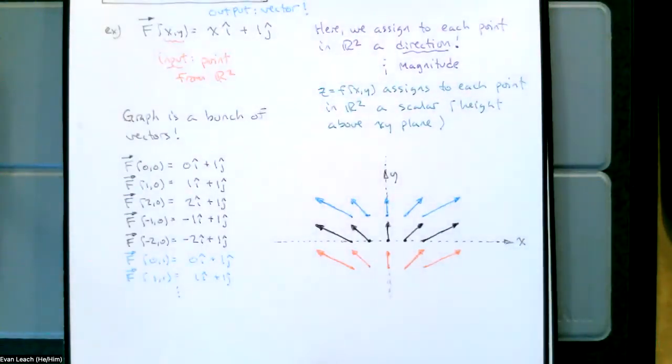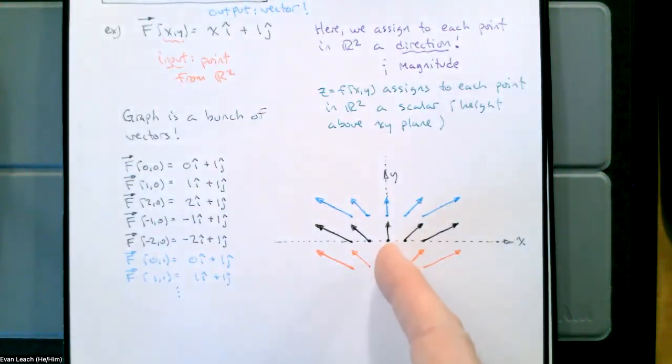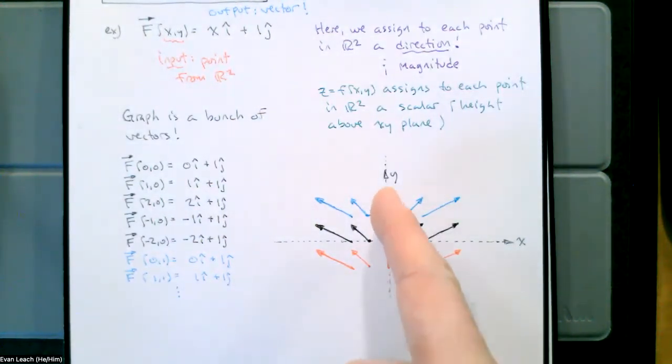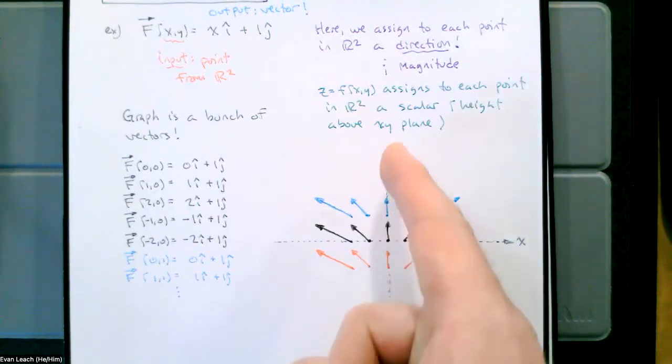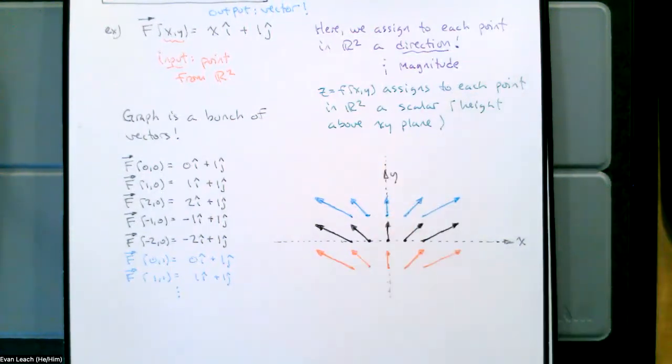But if this is what the water is doing, if I took a leaf and dropped it on the origin, 0, 0, it would start going in this vertical direction. And it looks like since the x value is 0, it's never going to move from side to side. The side-to-side motion, xi, that's always going to be 0 if I take the leaf and put it in the water on the y-axis. So it's just going to cruise up the y-axis.